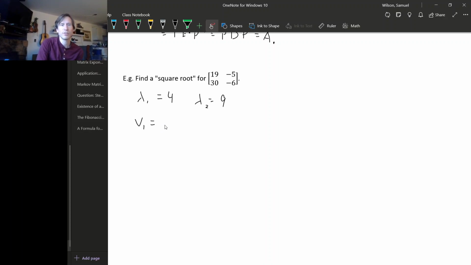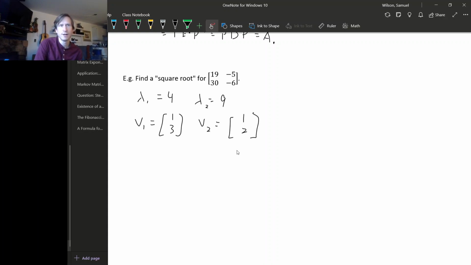And it turns out that (1, 3) and (1, 2) are both eigenvectors for this matrix, for these eigenvalues.